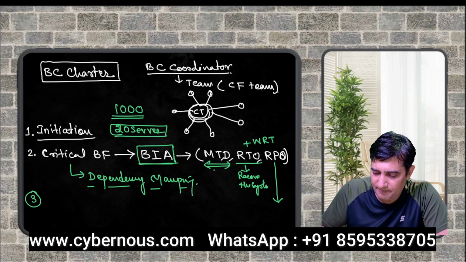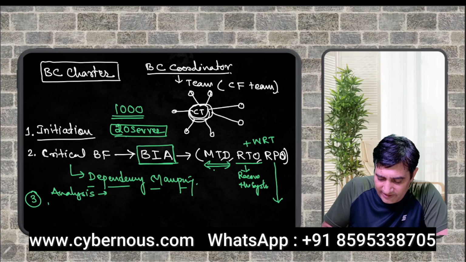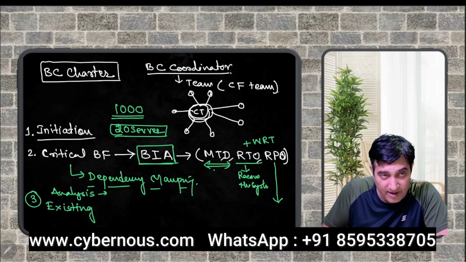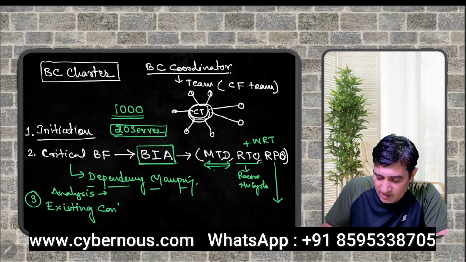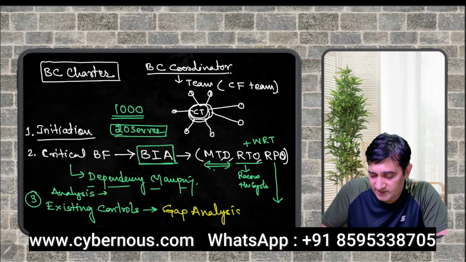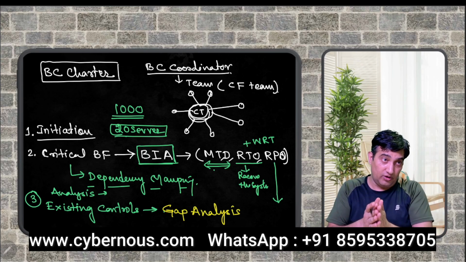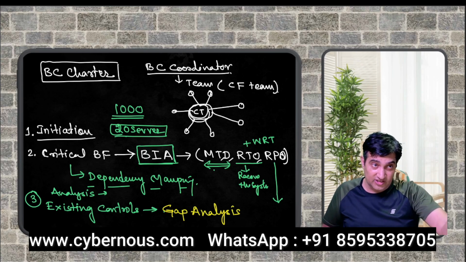When you do the business impact analysis, you can also map it up with the existing controls, and then you are able to identify what those gap areas are, right? So you are also doing a gap analysis, trying to identify gaps because already there is something existing on the ground.